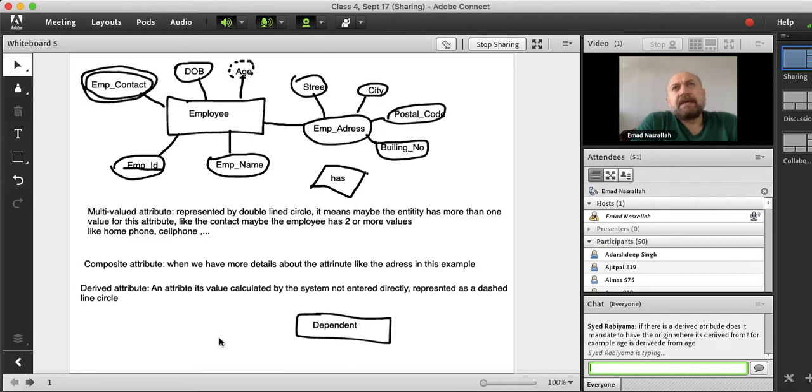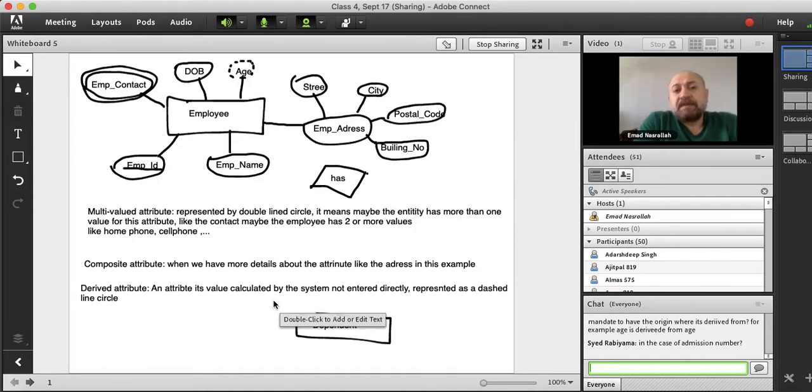But in the admission number, we don't have something to depend on. There is a formula in the system, it will generate the number upon that formula.